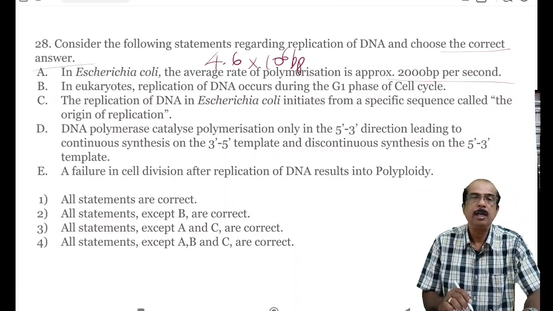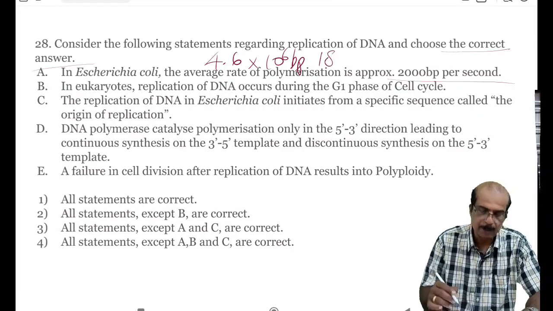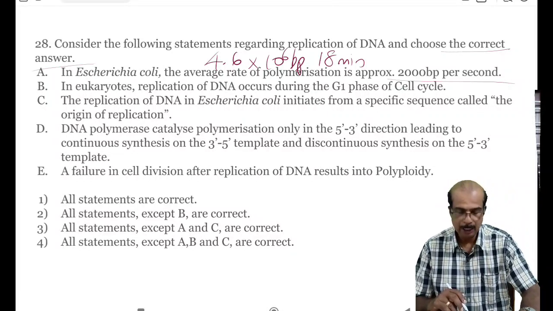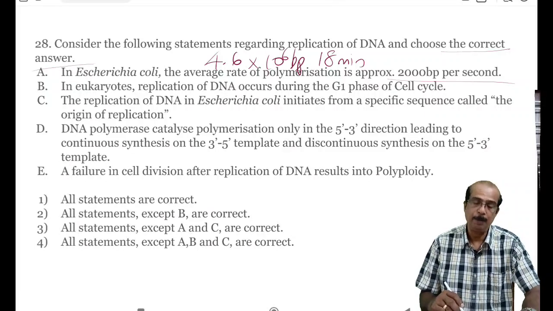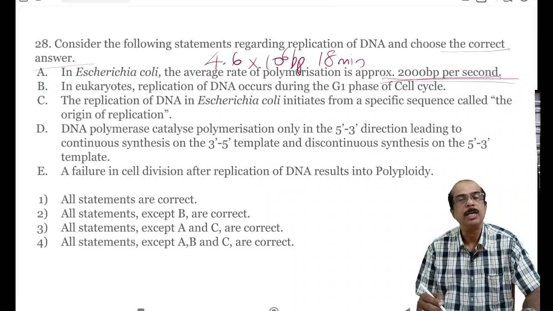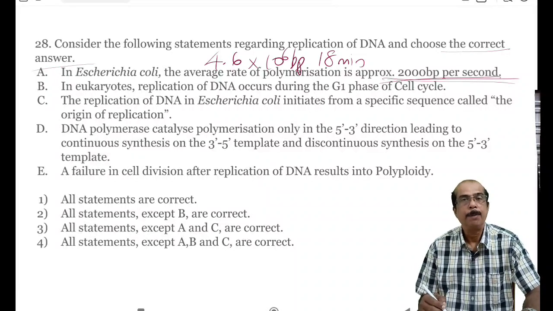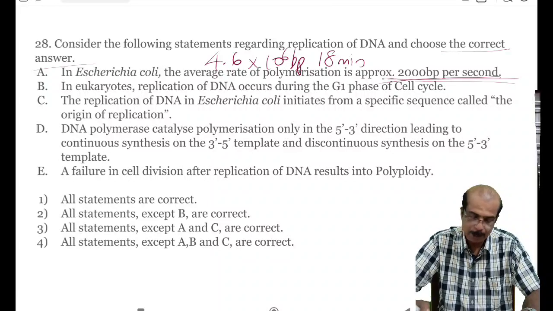The complete genome replicates within 18 minutes. If we calculate the rate of reaction of that DNA polymerase enzyme, you can find that 2000 base pairs are added per second during polymerization. The statement is a correct one.